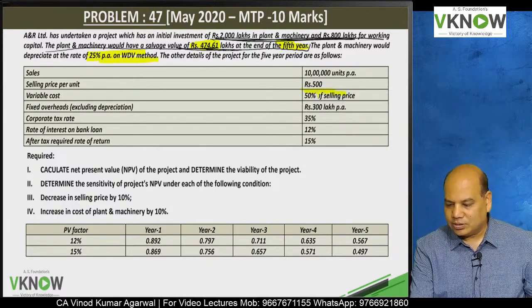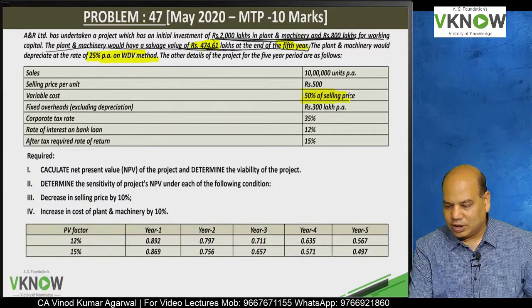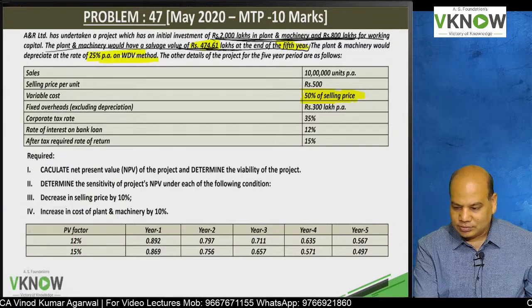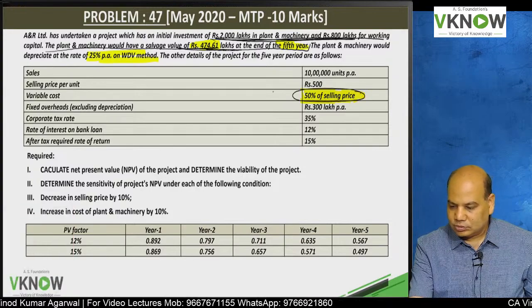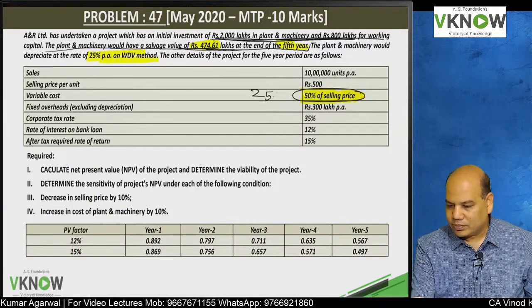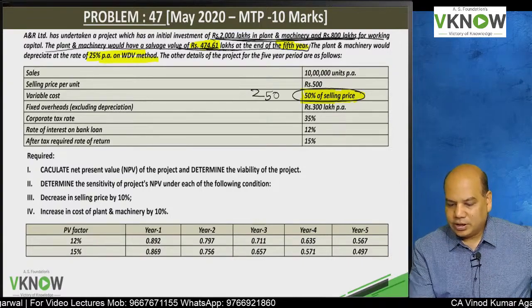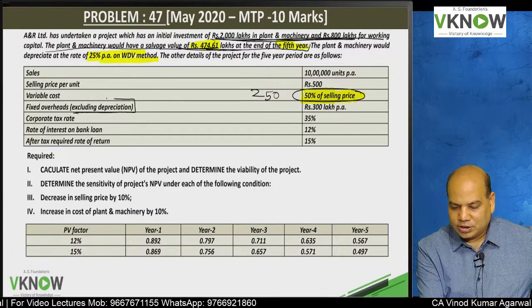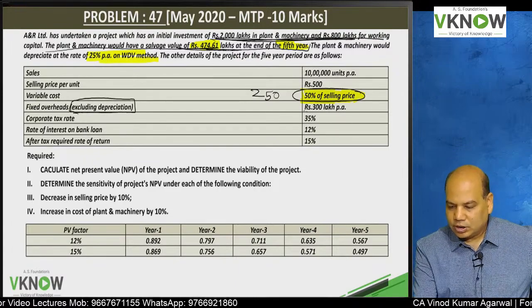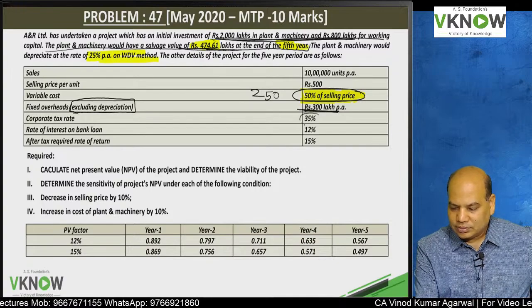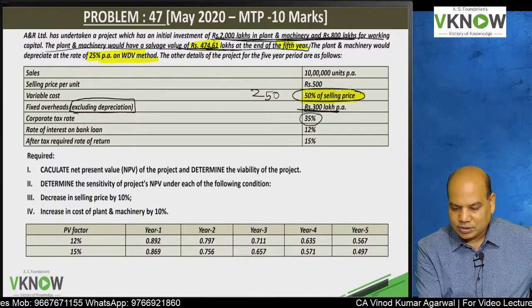So what will be the variable cost today? 250 is right. Fixed overhead, excluding depreciation, 300 lakhs per annum. Tax rate is also given, 35%.